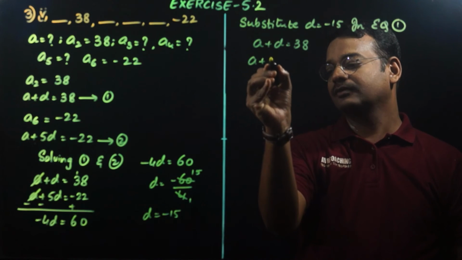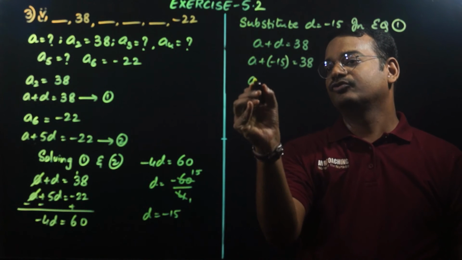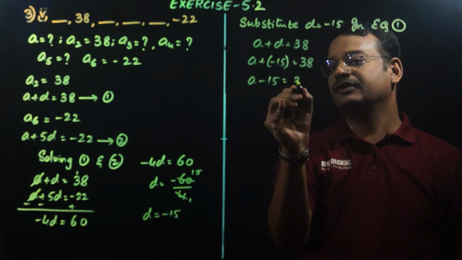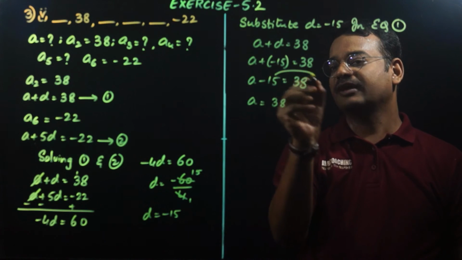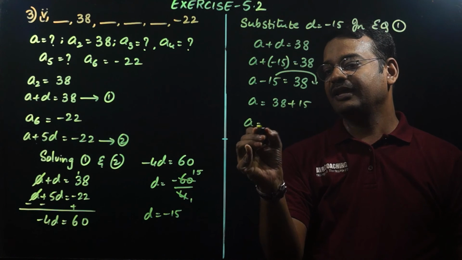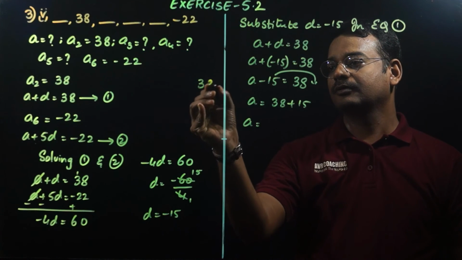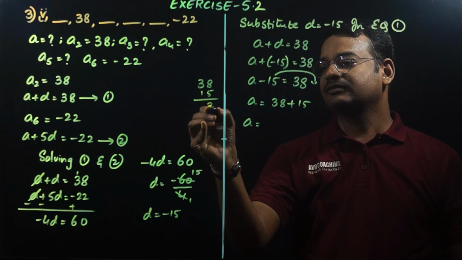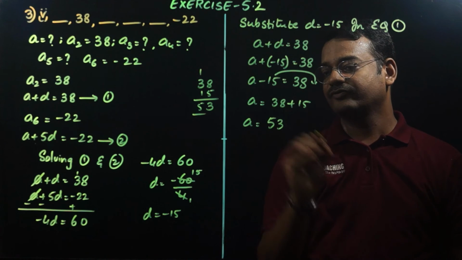D value is minus 15, so A minus 15 is equal to 38. A equal to 38. Now minus 15, when it comes to the right hand side, it becomes plus 15. So A equal to 38 plus 15. 8 plus 5 is 13, 3 plus 1 is 4, 5 is 53. A is 53.